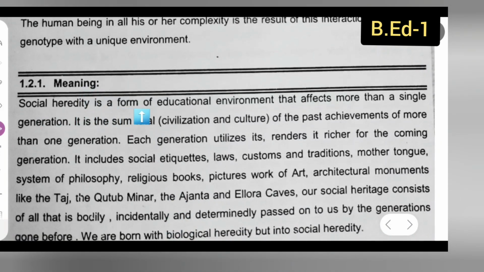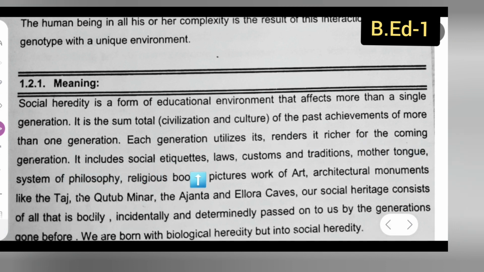Social heredity is a form of educational environment that affects more than a single generation. It is the sum total of civilization and culture, of the past achievements of more than one generation. Each generation renders what it has reached for the coming generation.